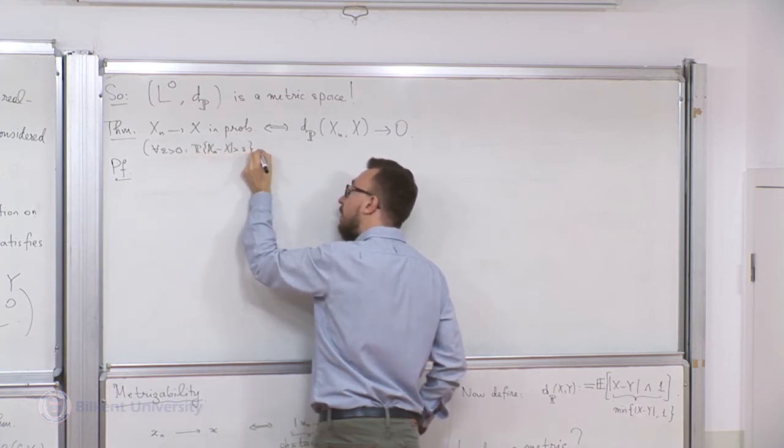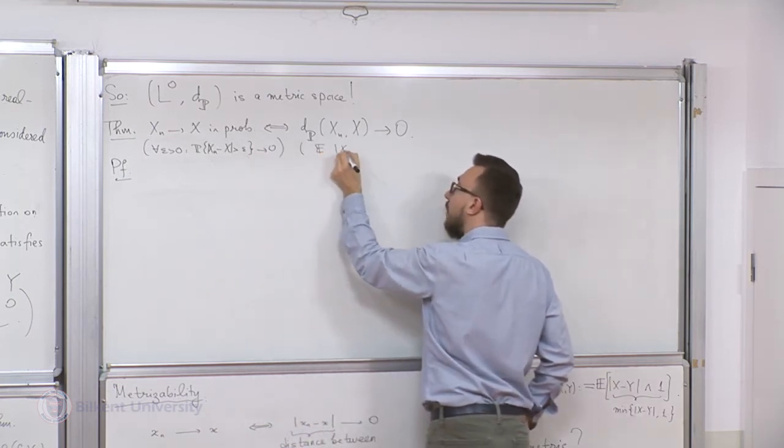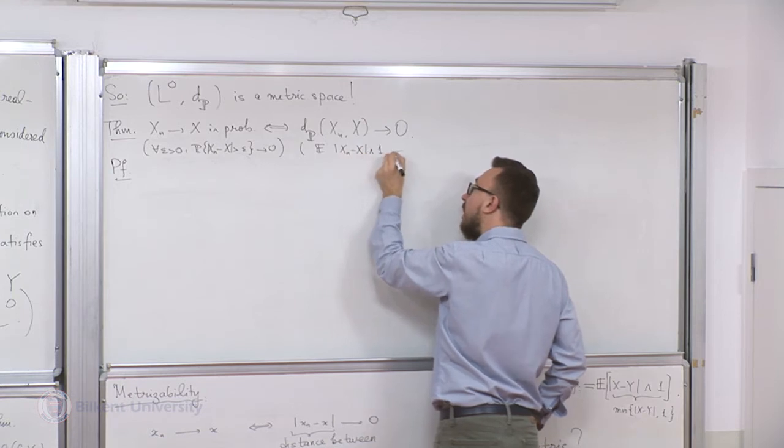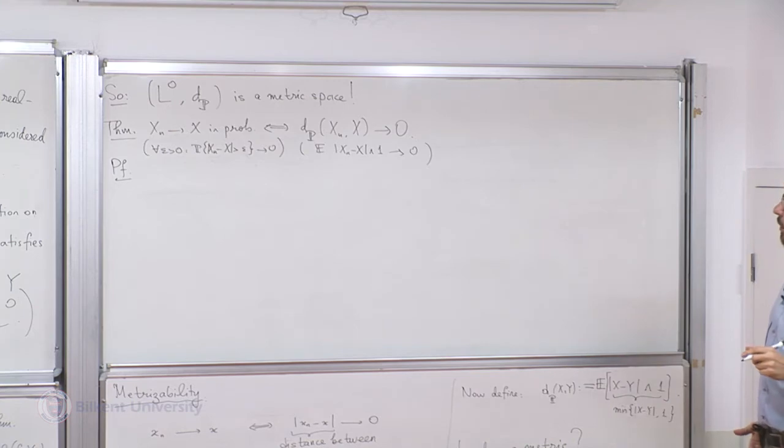This kind of probability is converging to 0, and this is about expectation of the minimum of |xn minus x| and 1 converging to 0. So we need to show that these two things are equivalent.